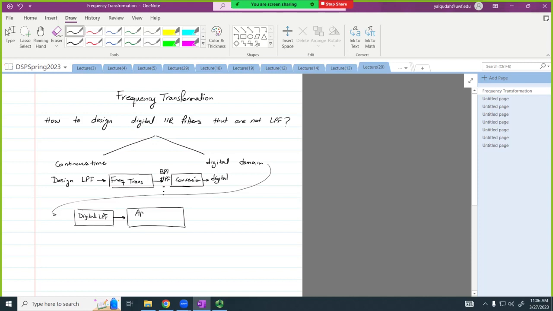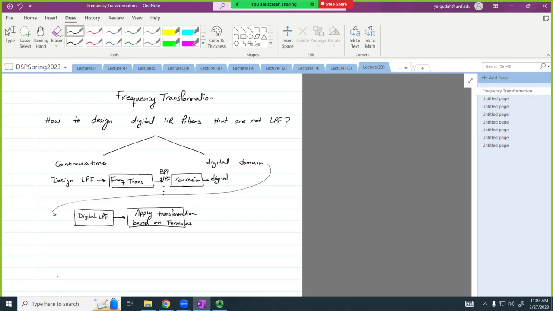So we apply a transformation based on a set of formulas.